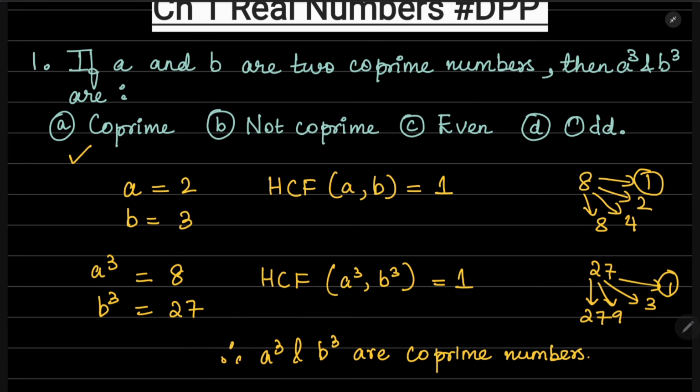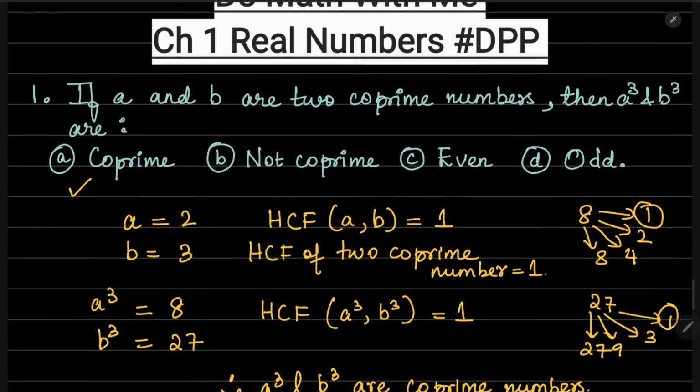And also remember the fact that HCF of any two co-prime numbers is always equal to 1. This is also something which you have to remember, right?